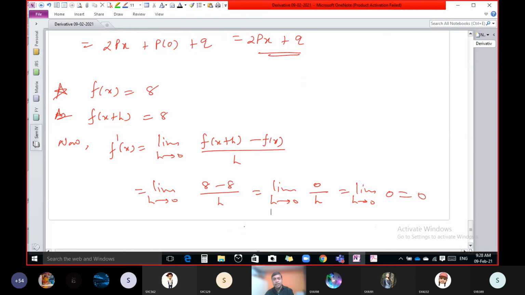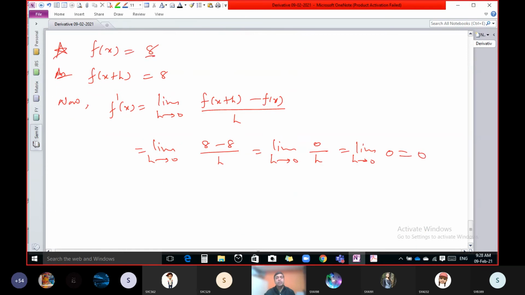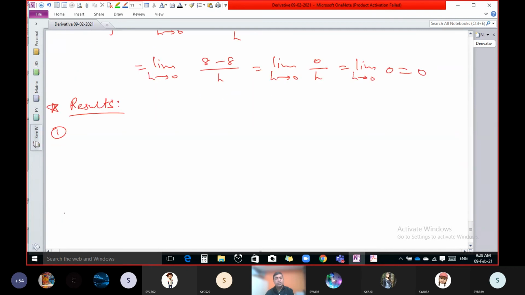So from that we get the idea, derivative of a constant number is 0, and you can consider that your first result. First result, derivative of constant is 0. Derivative is always with respect to x, so derivative of a constant number with respect to x is 0.